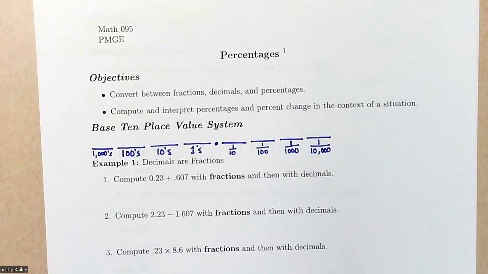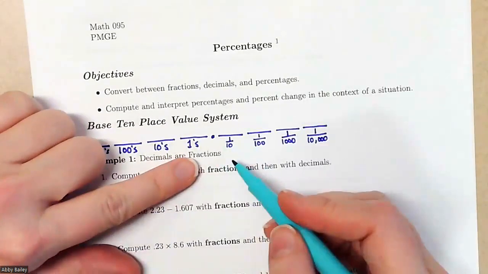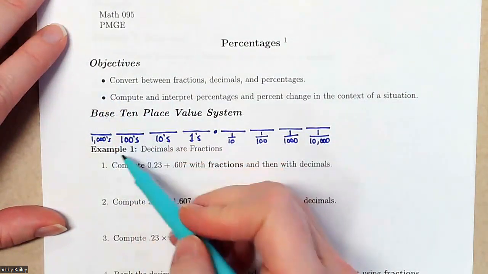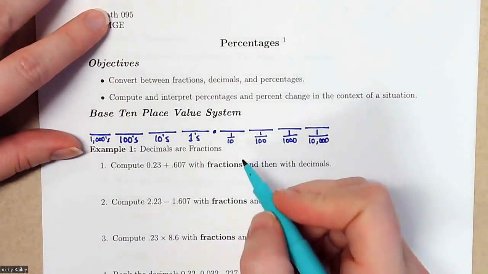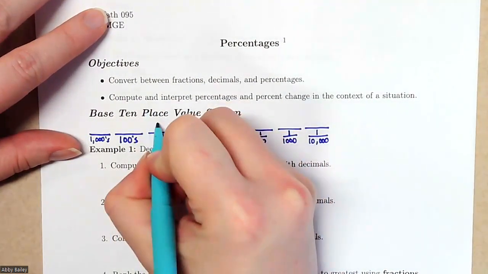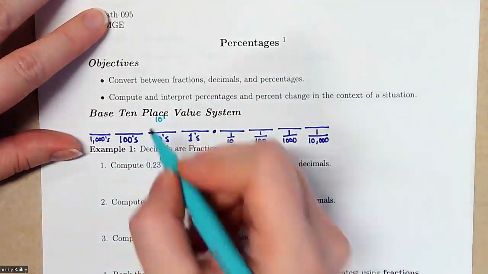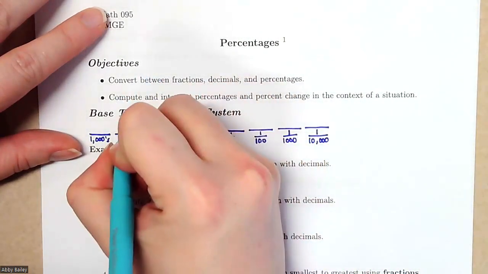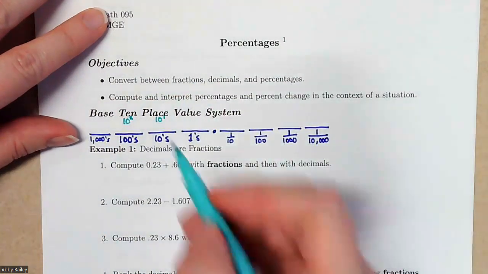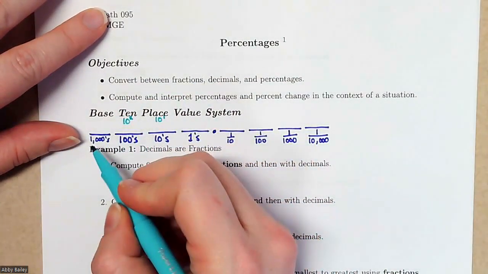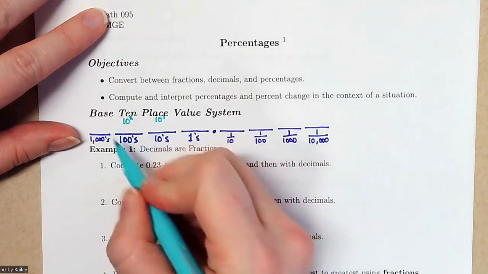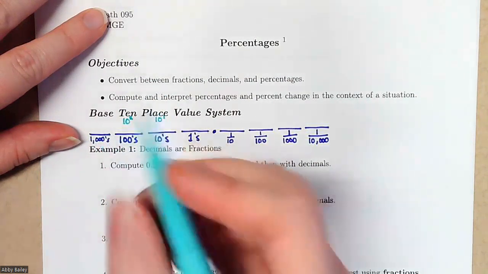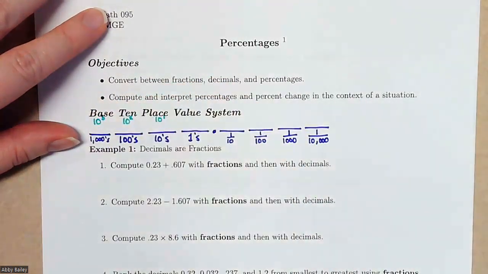What is cool about this is that it's called the base 10 because you see all of these regroupings by tens. So this is actually 10 to the first power. 10 tens would be 100, so that's 10 squared, 10 by 10. 10 100s makes 1,000, so that's 10 by 10 by 10, or 10 cubed.